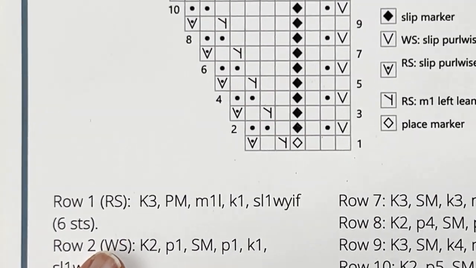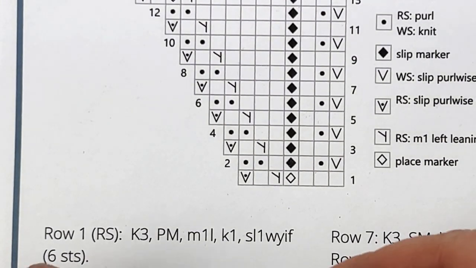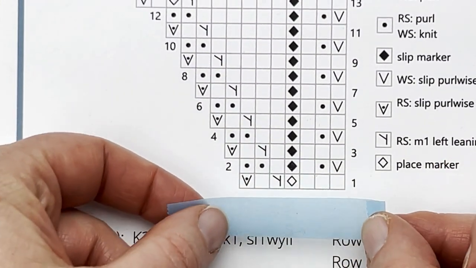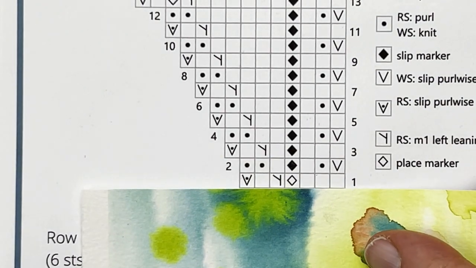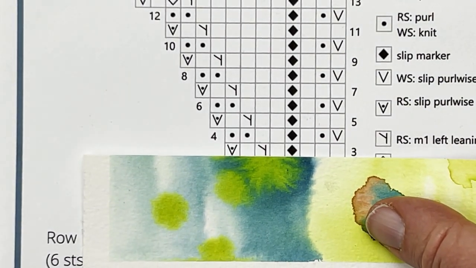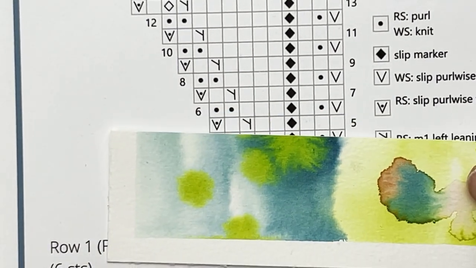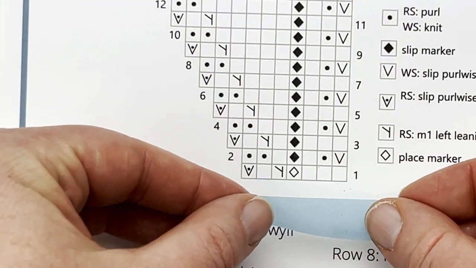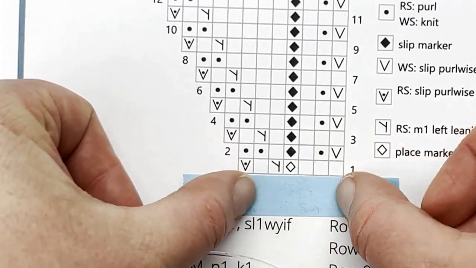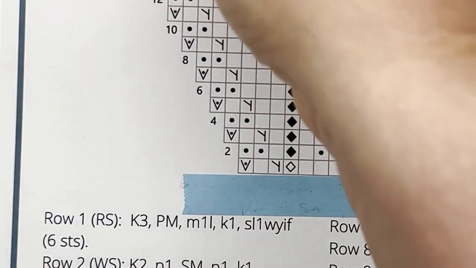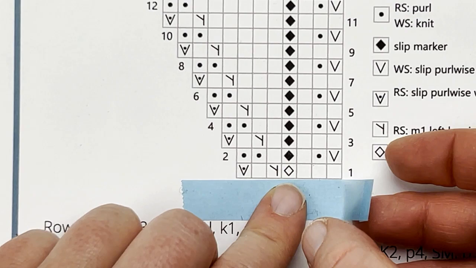One tip I have for reading charts is to use highlighter tape, or even some sort of bookmarker that you could tape in place or tack down somehow so it doesn't slide around on you. That's why I like the highlighter tape. It's sticky, but it's not too sticky. You can use it like a bookmark.